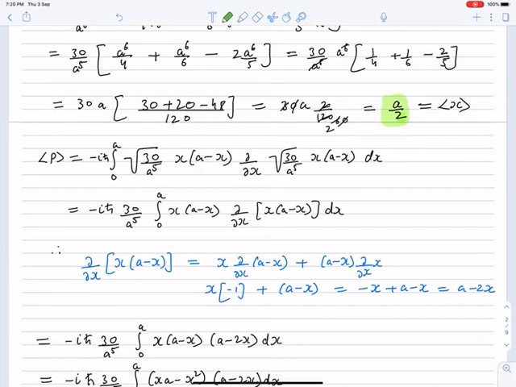This is an exercise you can prove: prove that the expectation value of P for a real wave function is always 0.